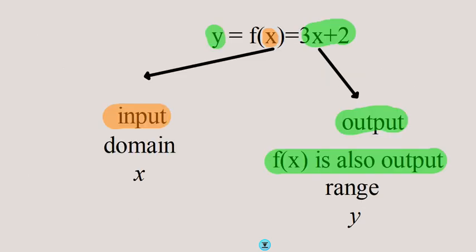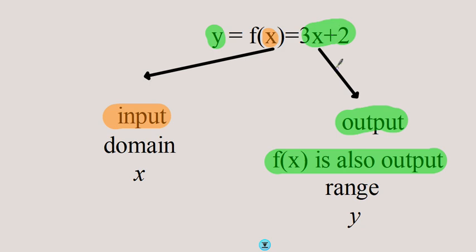And we can put things together now. Y, which is our range, is equal to f of x. And this reminds us of the idea that y is a function of x. Y depends on x. But the rule for f of x is, in this case, 3x plus 2. It's a different rule.